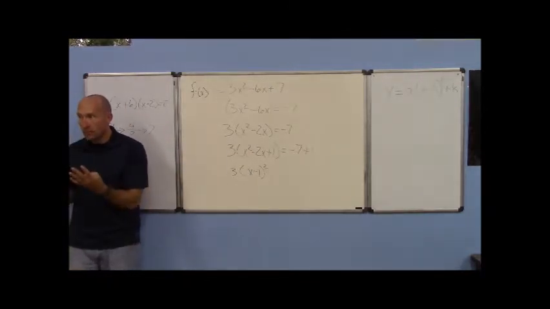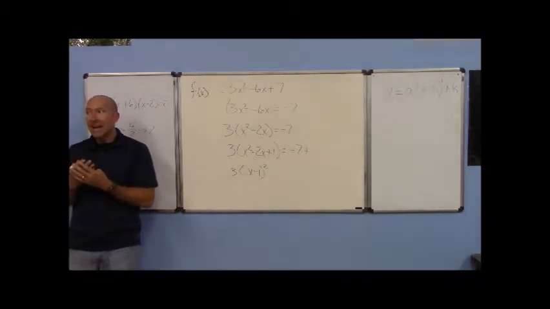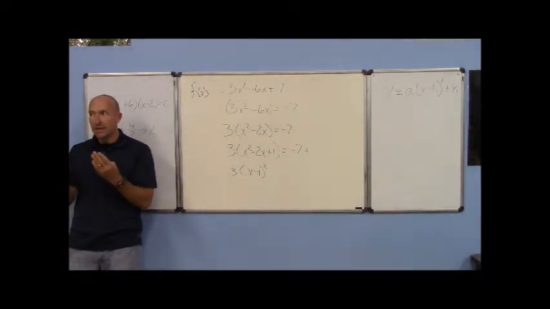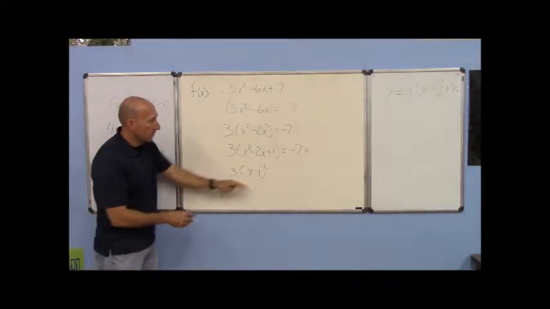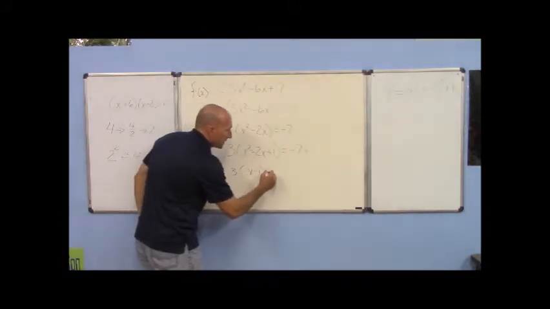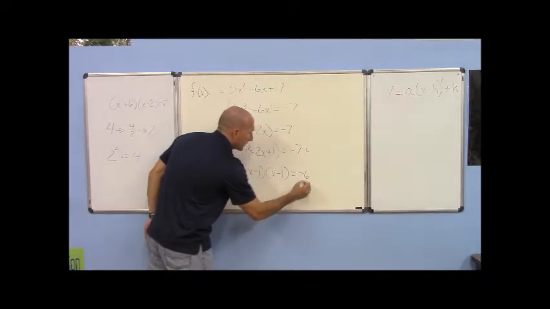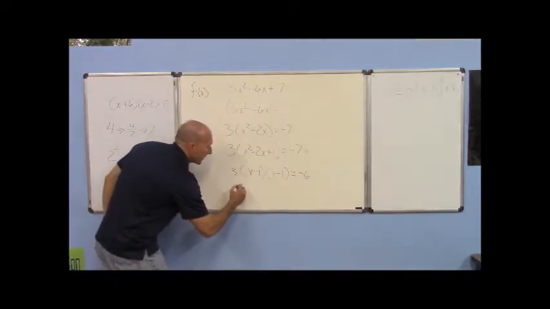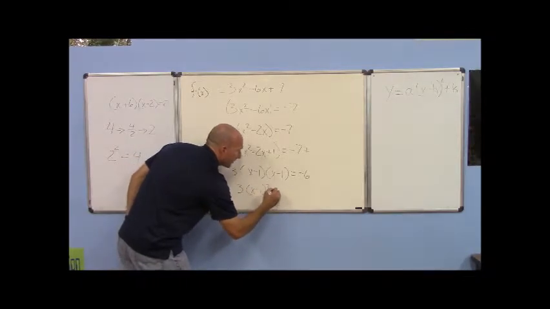A negative 1 times a negative 1 gives you a positive 1, but when we add negative 1 plus negative 1, we get negative 2. So here, 3 times x minus 1 times x minus 1 equals minus 6. Or we can rewrite that as 3 times x minus 1 squared.